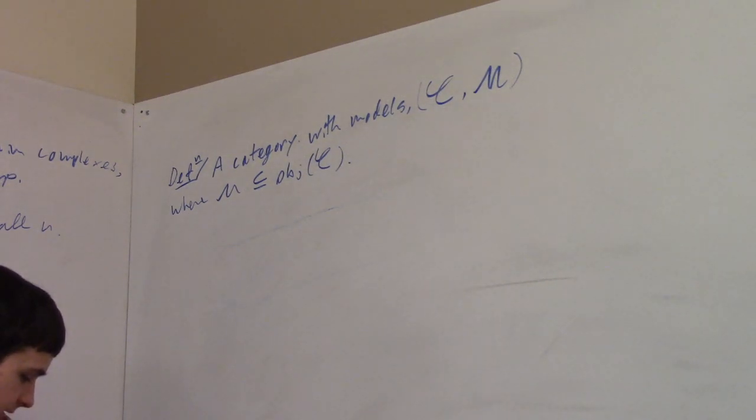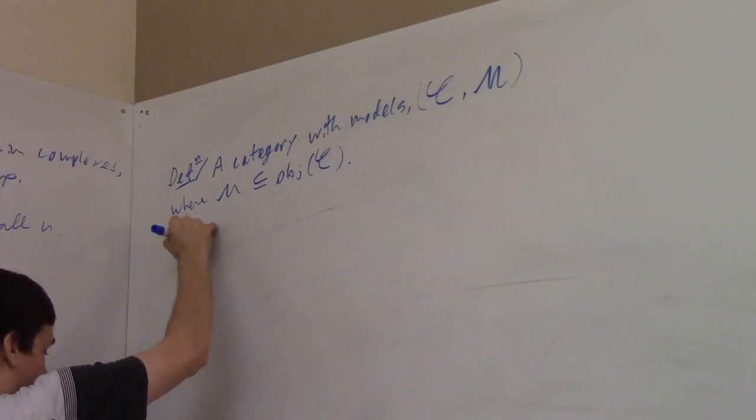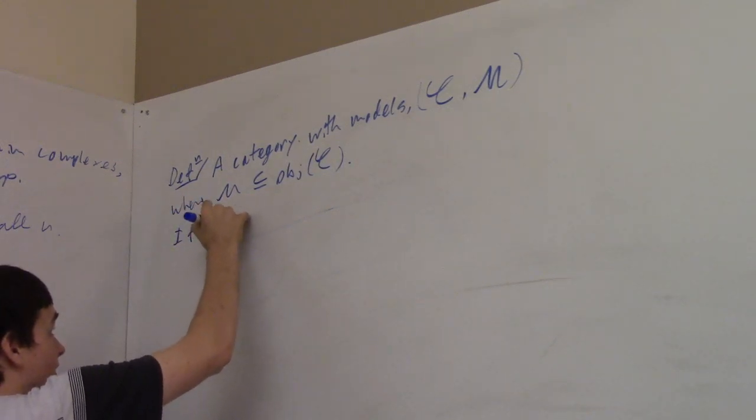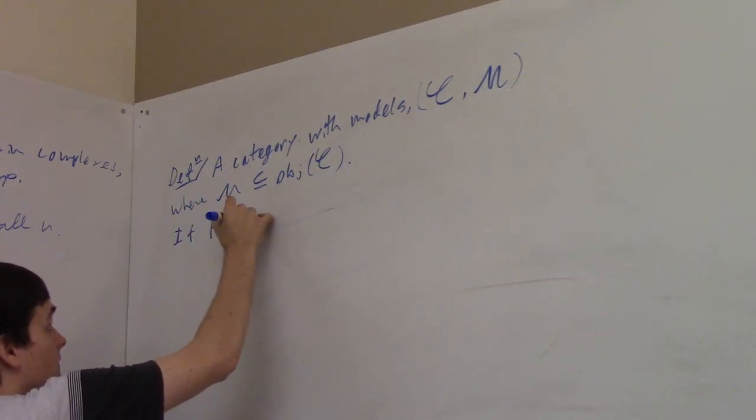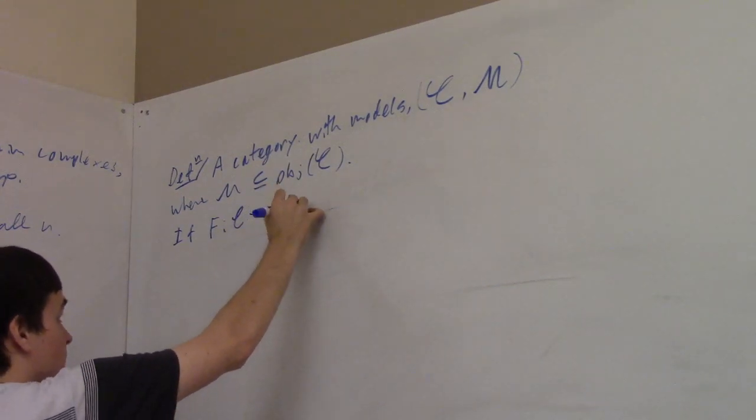So then this is kind of a 2-in-1 definition. F is a functor from C to abelian groups.